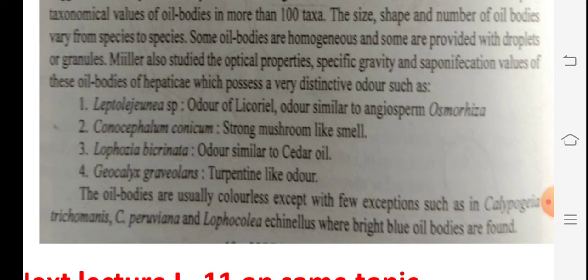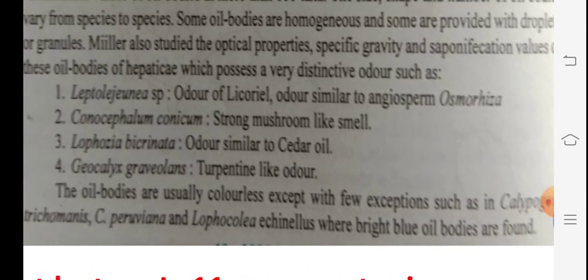In some hepatic members, it shows odors such as Leptolejeunea having a licorice-type odor. Then another odor is similar to the angiosperm Osmorhiza. Then Conocephalum shows a strong mushroom-like smell. Then Lophozia bicrenata has an odor similar to cedar wood oil.